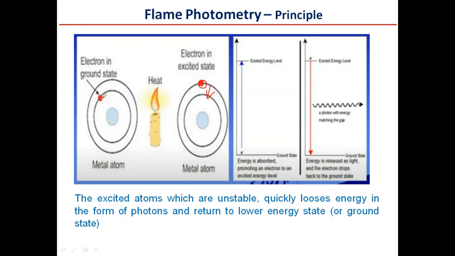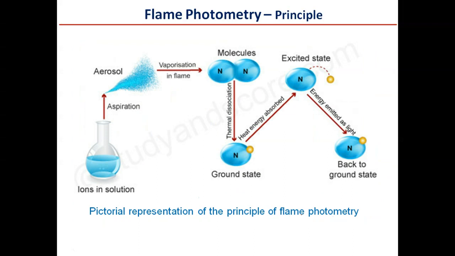The excited atoms, which are unstable, quickly lose energy in the form of photons and return to the lower energy state, or the ground state. So this is the quick principle of flame photometry.